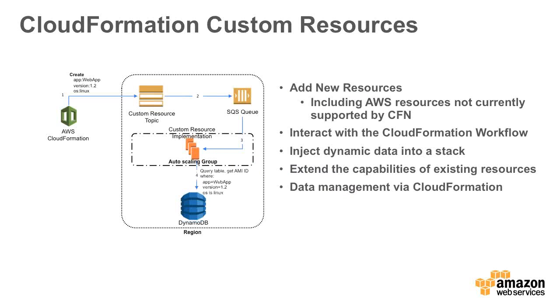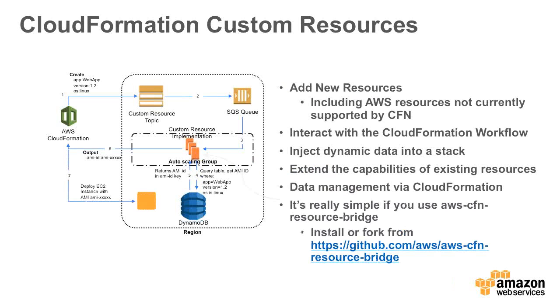In this case, it might be to query a DynamoDB database and get an AMI ID that's appropriate based on the key value pairs that we've pulled from the queue, and then it will return that back to CloudFormation. So this is a way of implementing a custom AMI lookup that we've stored in DynamoDB, rather than hard-coding an AMI lookup table inside of our CloudFormation templates, which most of you will have seen if you've seen any of our example templates.